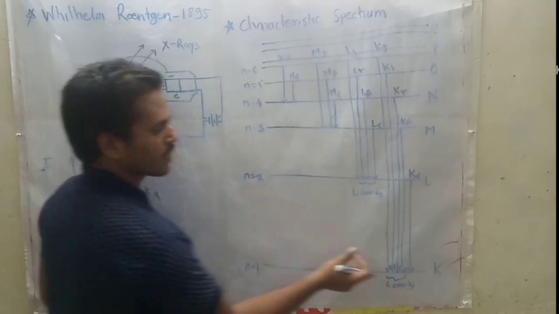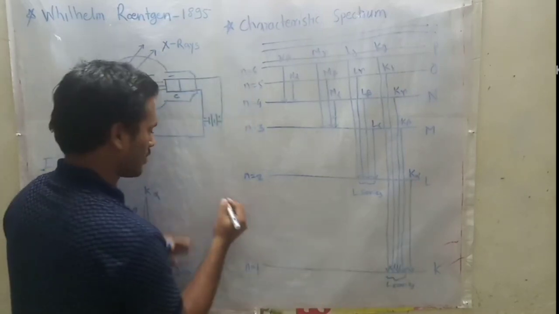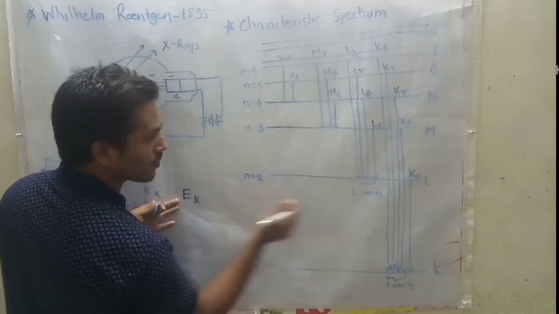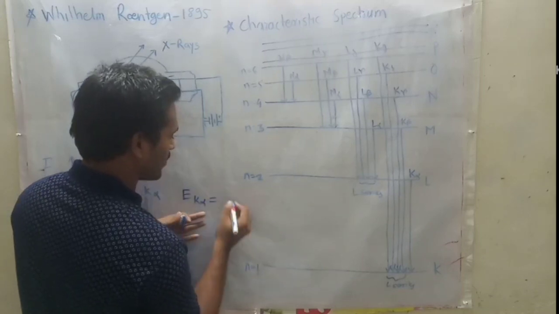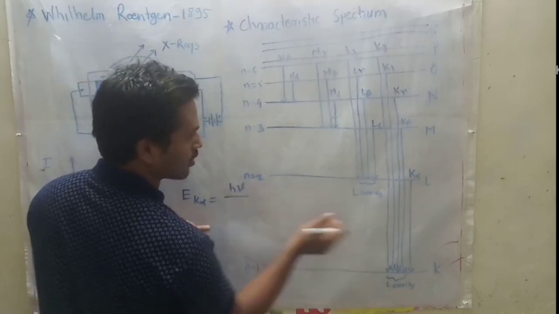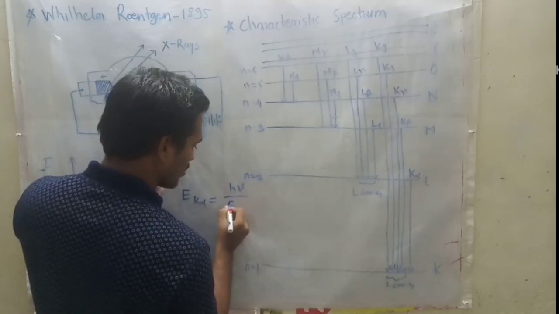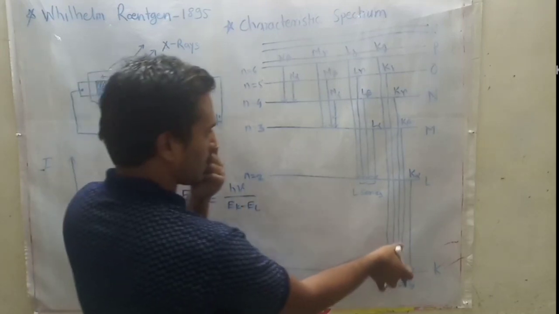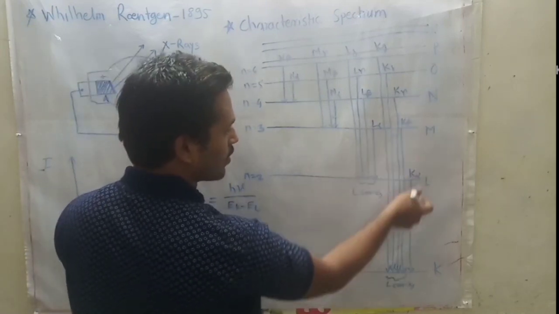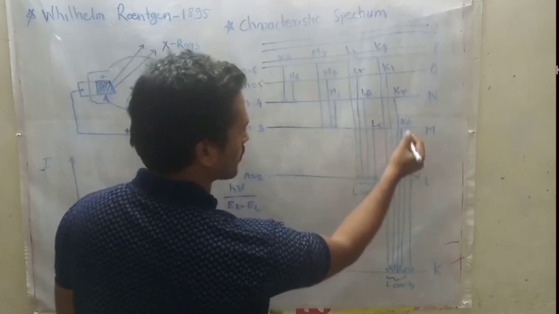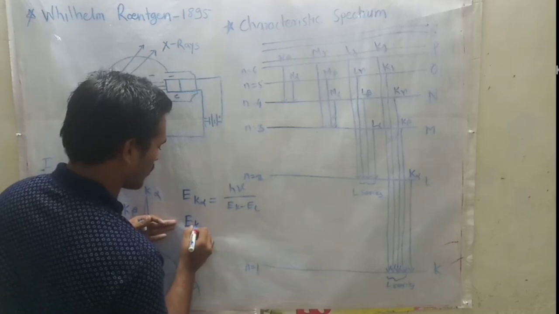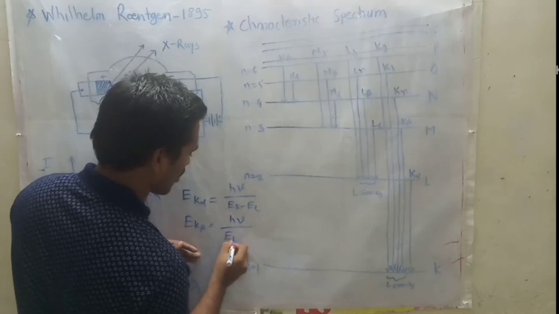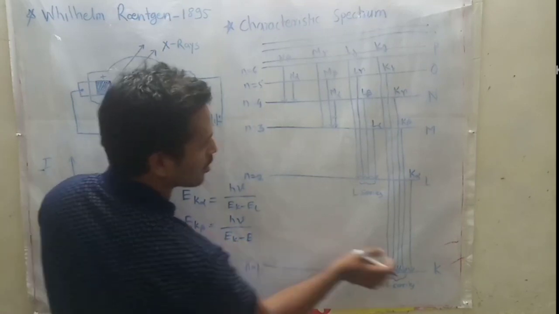The energy of this particular component can be determined as follows. The energy of the K alpha line can be calculated as hν, equal to the energy difference E_K minus E_L. Also, the energy of the K beta line can be calculated as hν equals E_K minus E_M.